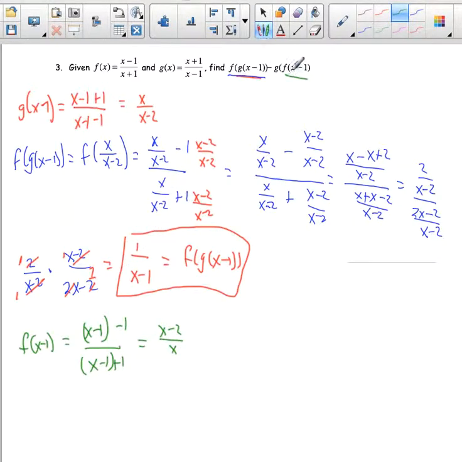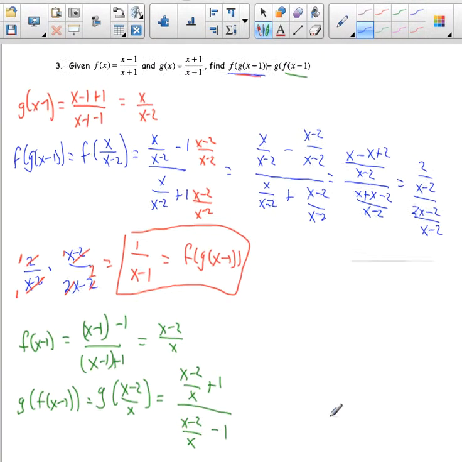And now we have to substitute that into our g function. So g of f of x minus 1 is going to be g of x minus 2 over x. And that means everywhere in the g function where I see an x, I put x minus 2 over x. So I have x minus 2 over x plus 1 over x minus 2 over x minus 1.